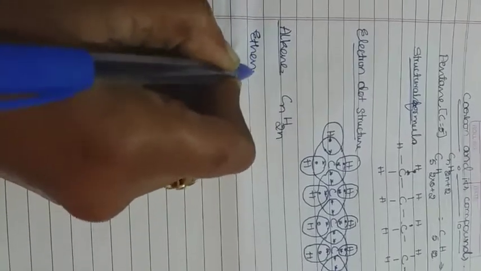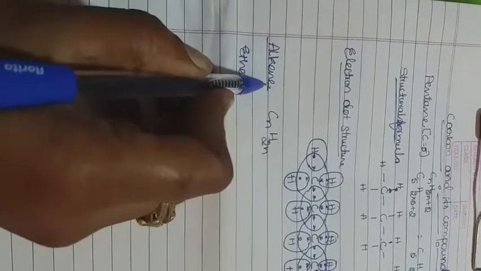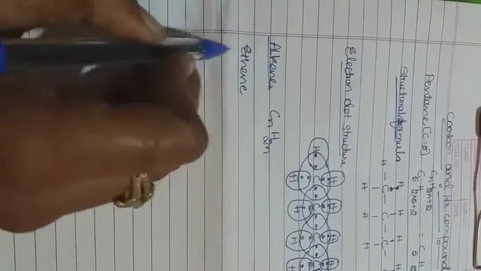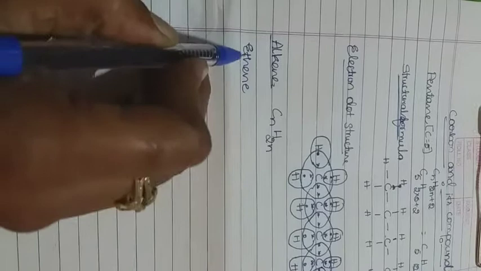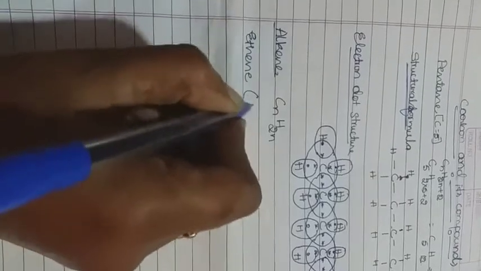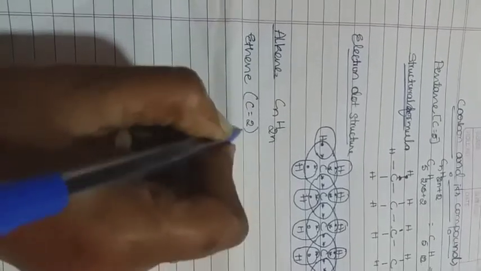Methane, ethane, pentane, like that. It ends with ene, that's why we pronounce it as ene only, that is ethene. Ethene means carbon atom 2, because methane is carbon atom 1, ethene carbon atom 2.